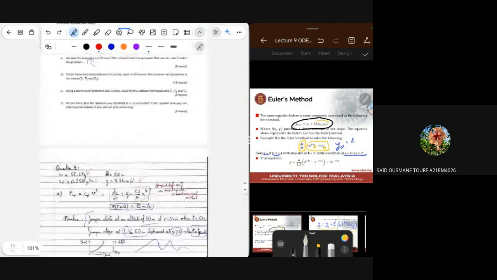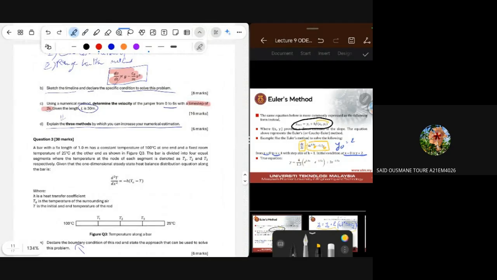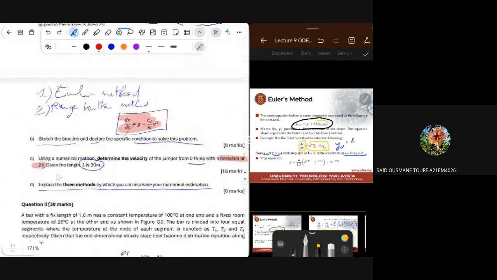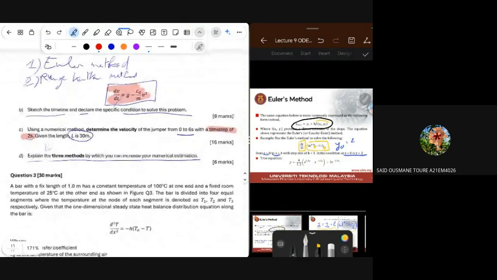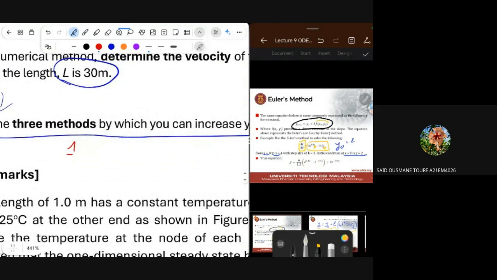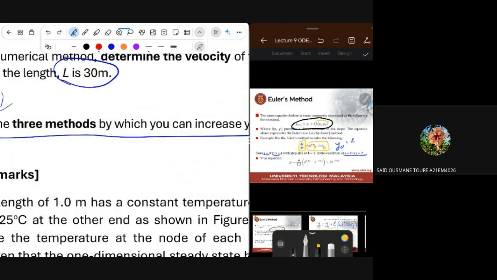And so the last question here: explain the three methods by which you can increase the accuracy of your numerical estimation. So we already defined that there are two numerical methods. So how? Three. The first one, the second one, and the third one. How do we get a better and more accurate result?